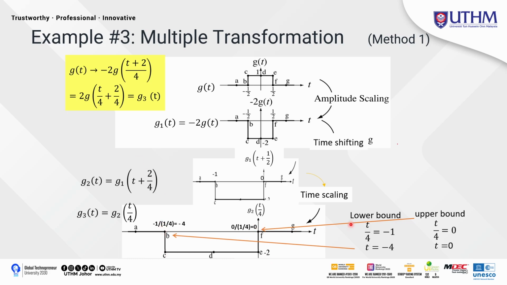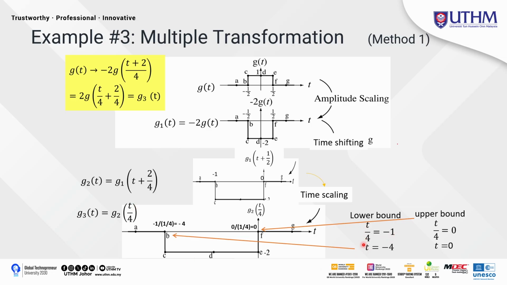To find the lower bound, the time scaling is t over 4, so t over 4 equal to negative 1.